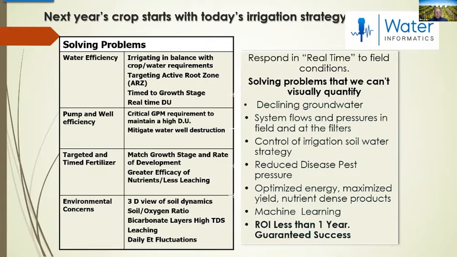Well and pump efficiency, it's important to know the GPM requirement of your irrigation system to maintain a high DU. And the other thing is, as you pump on these wells and you run those long well sets, there's 2 or 3 things that go on. One is that as you draw down in that well over time, sometimes you'll open up the perforations to air.